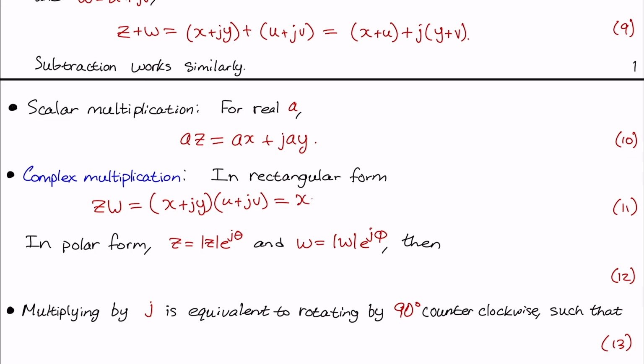We're going to get xu plus jyu plus jxv plus j squared yv, and this will then be equal to xu minus yv plus j times xv plus yu.